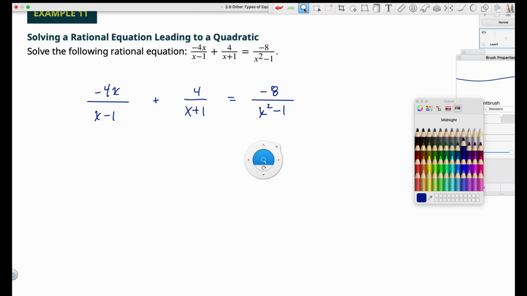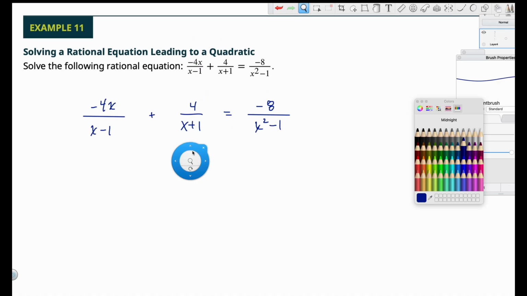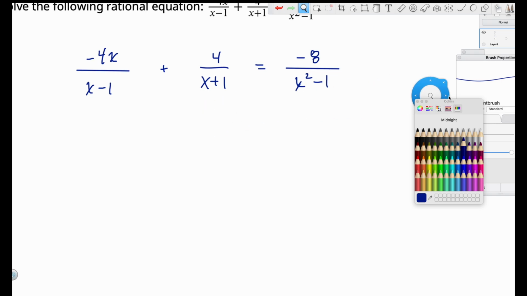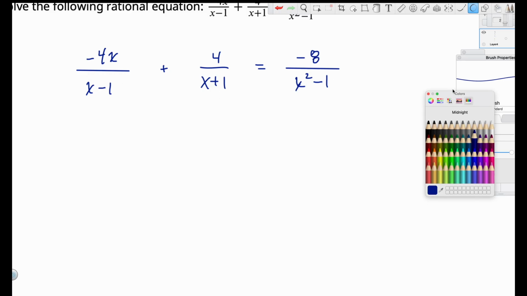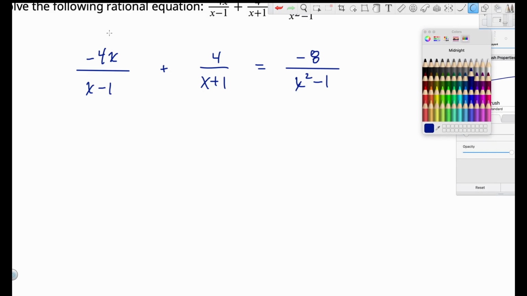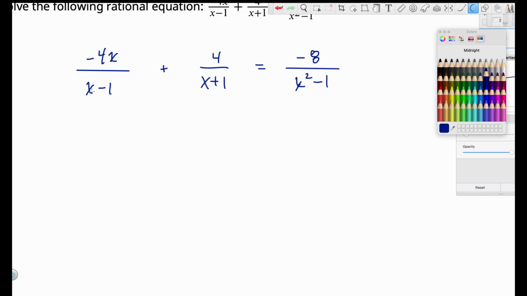Okay, so back in section 2.2, I think it is, we were dealing with rational equations, and our first step in order to work with those equations was to get rid of these denominators by multiplying through by the common denominator. And so I hope you see here, we got x minus 1 and we have x plus 1, and I hope you see right here, this is the difference of two perfect squares.